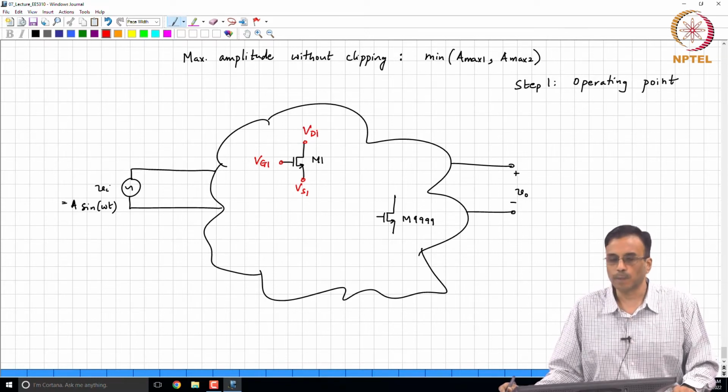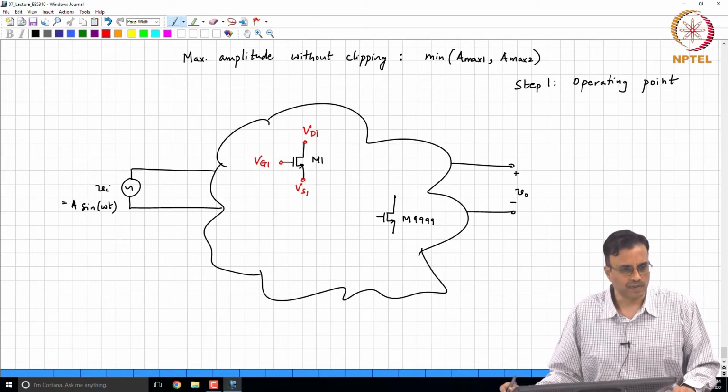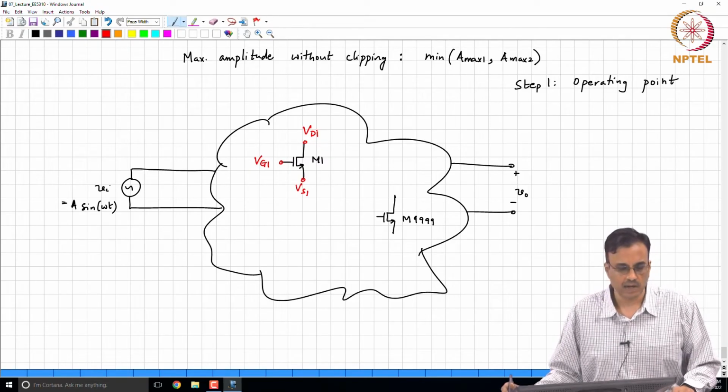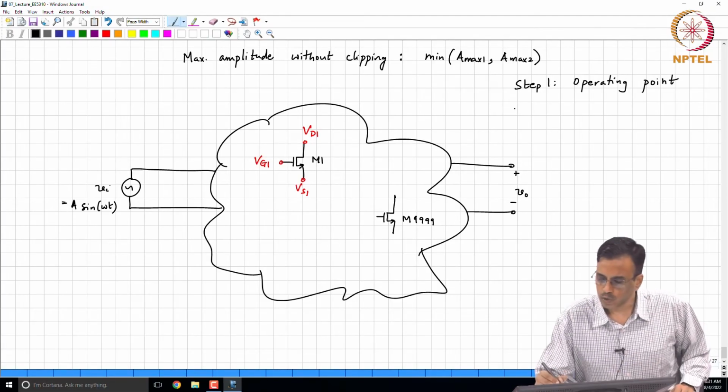And the calculation of the operating point, as we discussed earlier, is an involved process, and is most often done using a computer, because these are all a bunch of nonlinear equations, and have to be solved numerically. But once you find the operating point, what do we do? What is the next step?